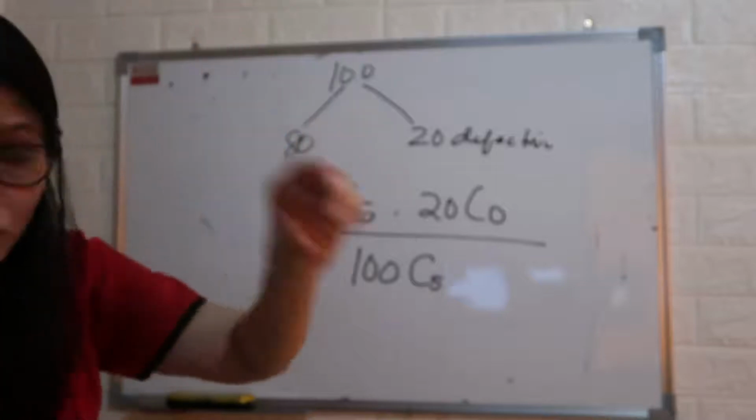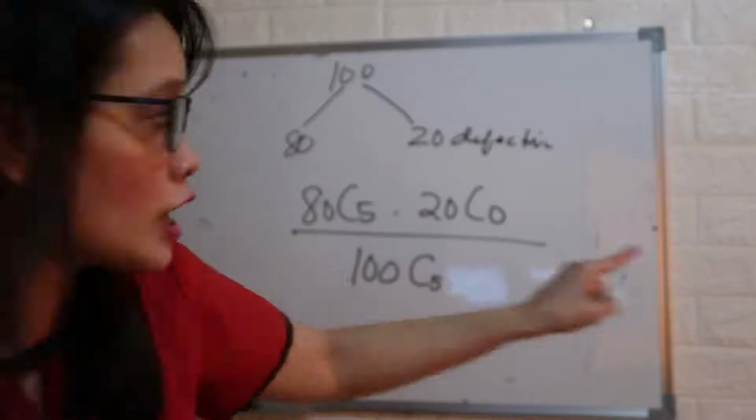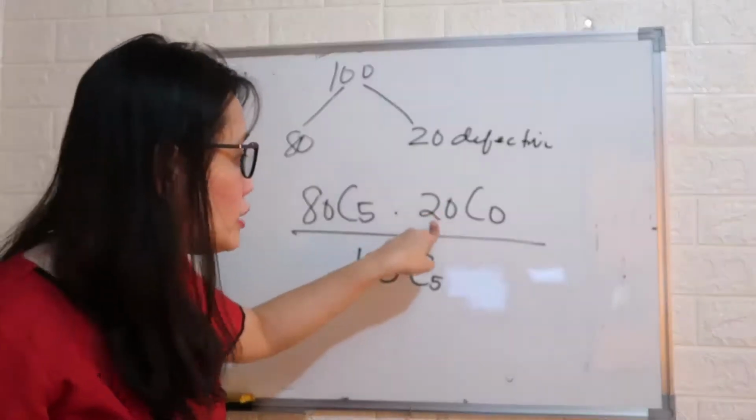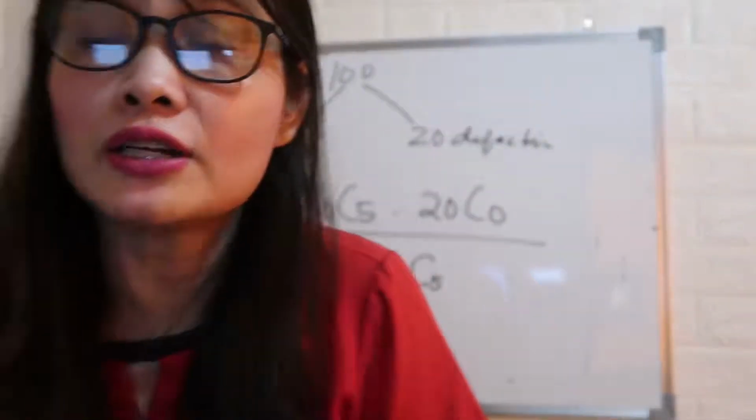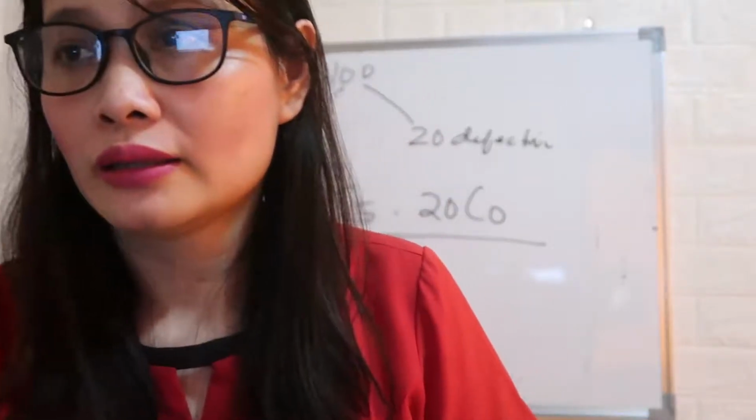So we do have two groups, the not defective and the defective. How many are defective? There are 20. So 20 taken 0, what do you mean by 20 taken 0? Hello, can you hear me?